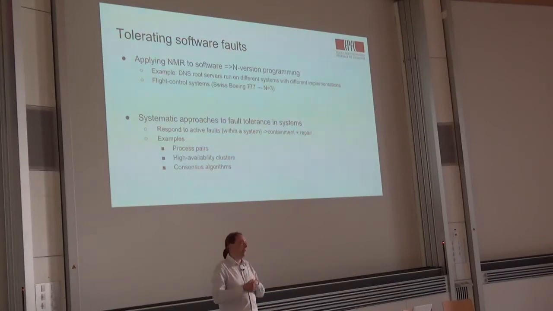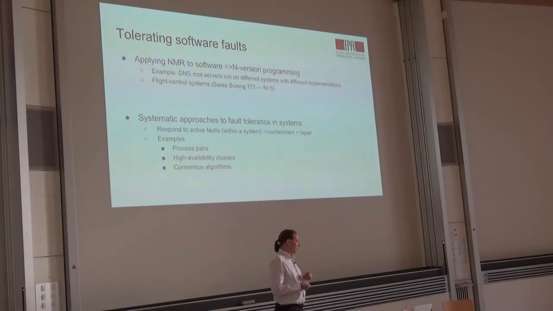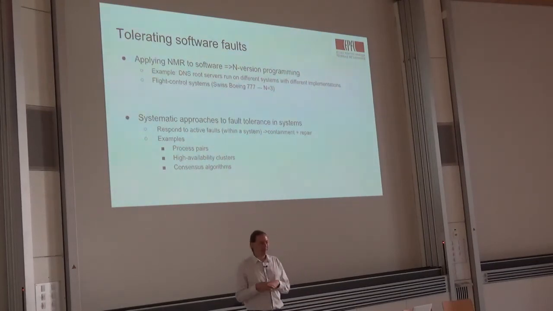People have studied the effectiveness of N-way programming in this regard and observed that there are classes of bugs where it's unfortunately fairly common that multiple people independently come up with the same bug or misinterpret the spec in the same way.